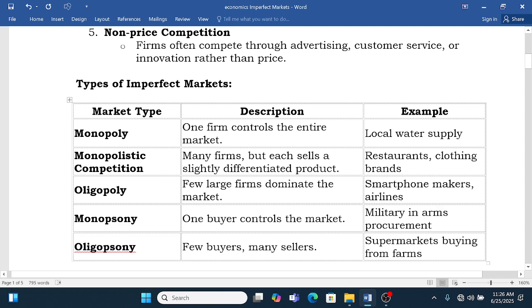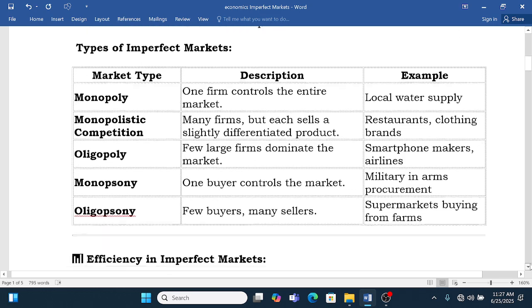We have oligopoly: a few large firms dominate the market, like smartphone makers and even airlines. We have a monopsony: one buyer controls the market, like the military in arms procurement. We have oligopsony: few buyers and many sellers, like supermarkets buying from farms.